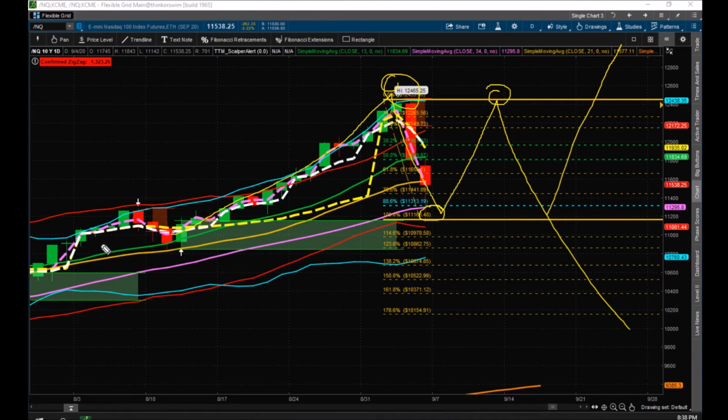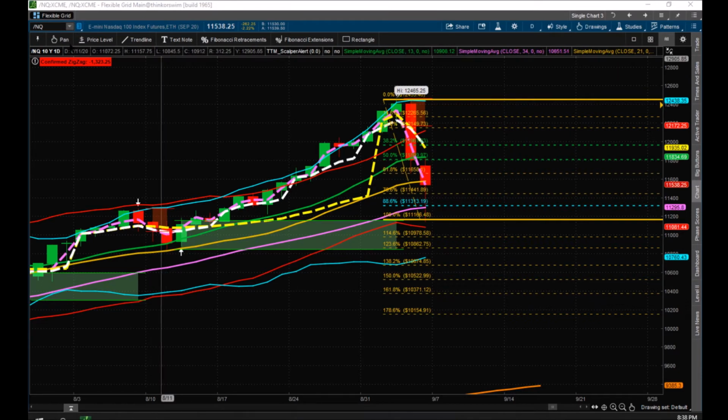But in order to get confirmation, for me myself, I'm waiting on this area here, waiting on that 34. Either that's going to hold or it's going to fail. If that fails, it's going to go down here, and it's going to create a bigger M on the market.